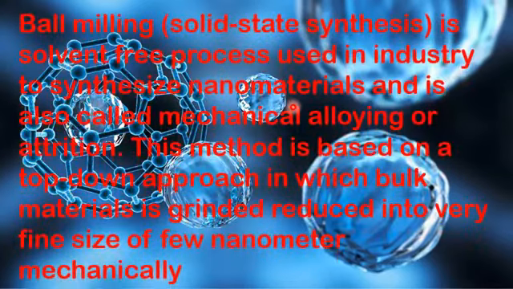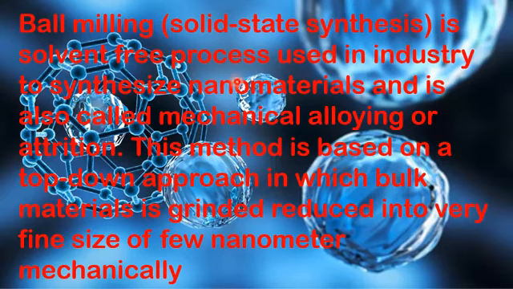Basically, mechanical milling or ball milling is a solvent free process used in industry to synthesize nanomaterial and is also called mechanical alloying or heterogen method. This method is based on a top to down approach in which a bulk material is ground and reduced into a very fine size of a few nanometers mechanically.